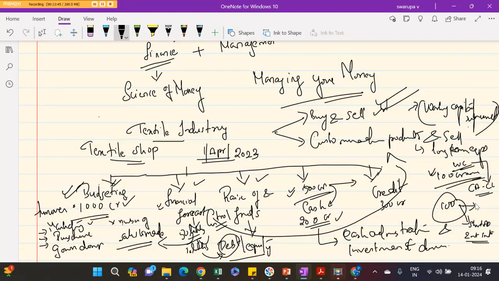Or you can go for a long term investment, buying assets, buying a building, buying a land, or going for long term assets like long term FDs. So there are different long term and short term options of investment available. Again, that is an investment decision that the businessman has to make.